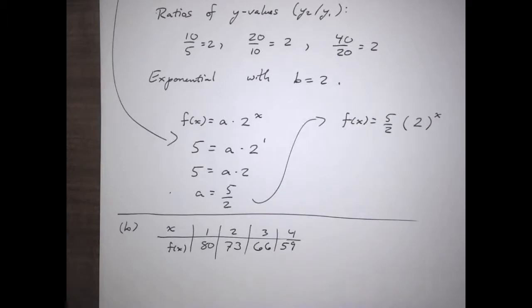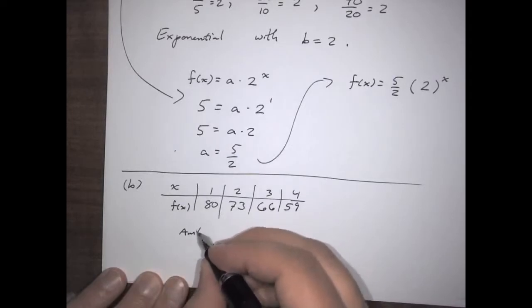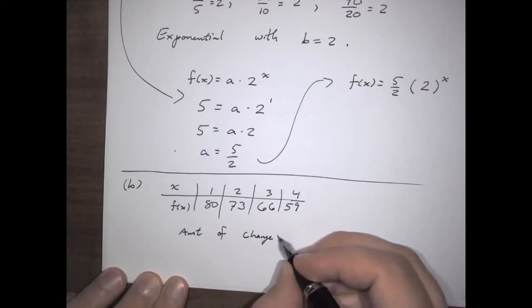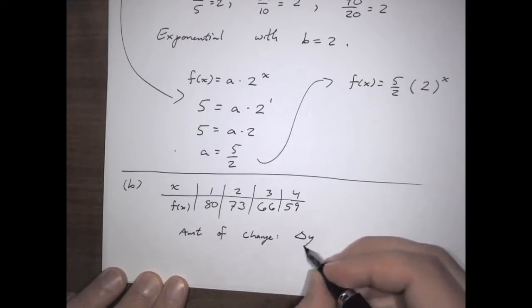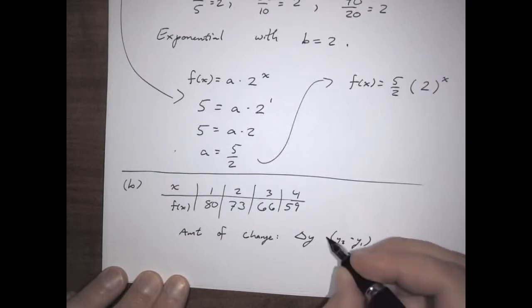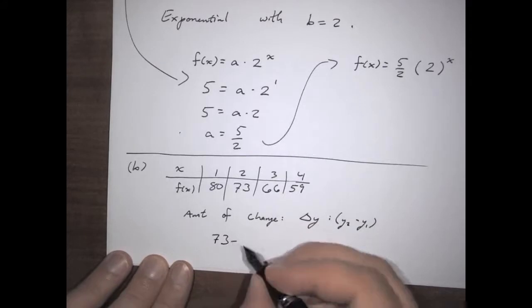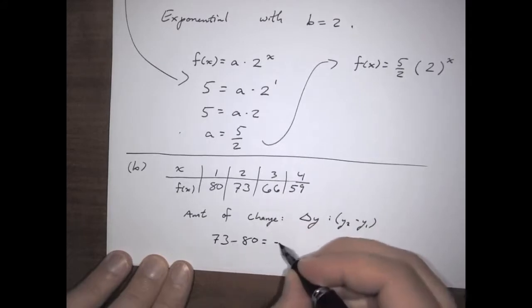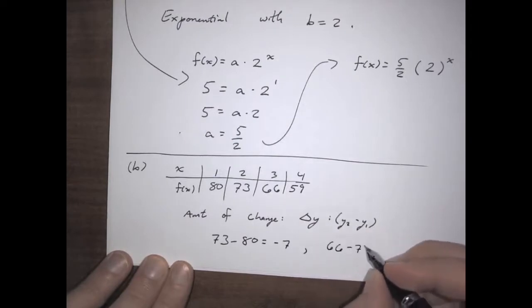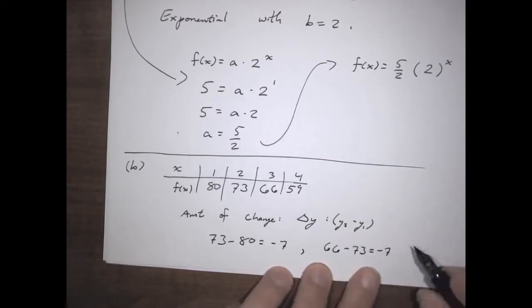Now you may have noticed the pattern here, and the amount of change, in other words, change in y, y2 minus y1, is going to be 73 minus 80, which equals -7. 66 minus 73, which is going to equal -7.